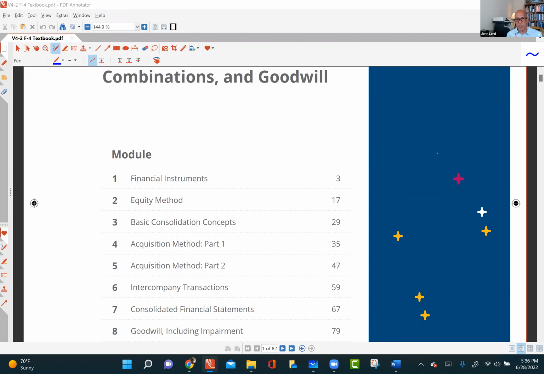And we're going to see that depending on what category will primarily affect how we report unrealized holding gains and losses, either not reporting them at all, or putting them on the income statement, or considering them part of comprehensive income.